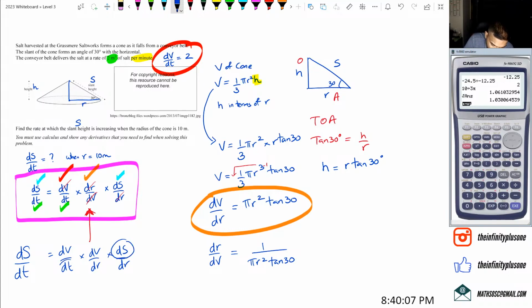So I want this and this to remain. Oh, that part I just multiplied tan 30 by r. So Beth, did that make sense as to why I needed to change this to dr/dV? Because if I change this to dr/dV, then the dr's cancel out, the dV's cancel out, leaving me with ds/dt.